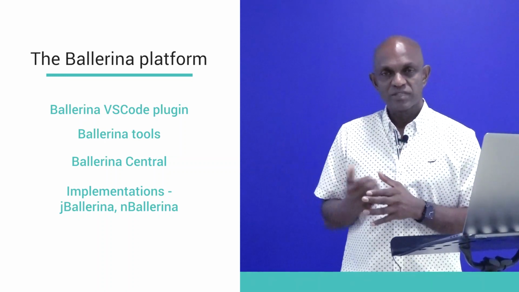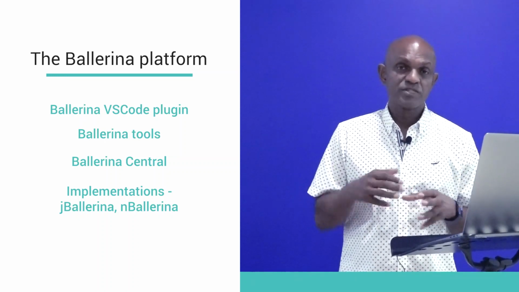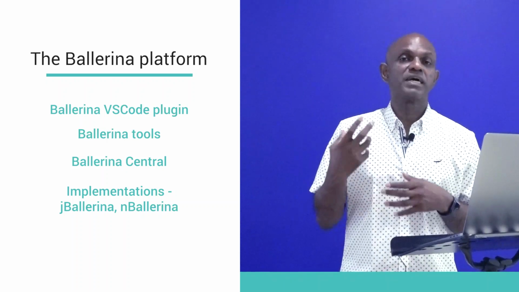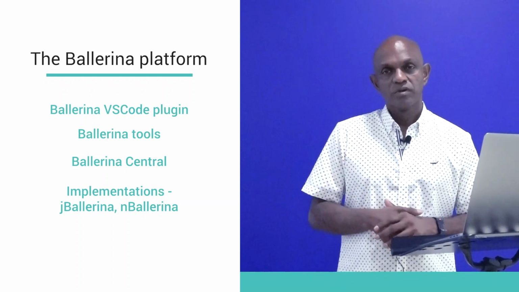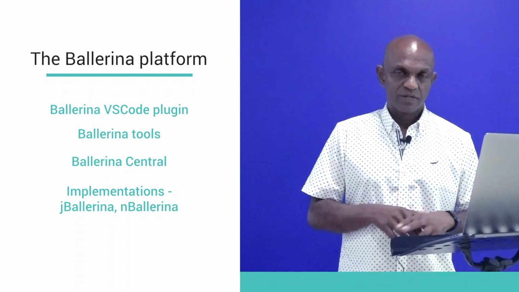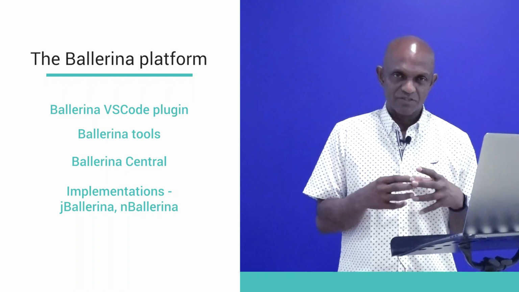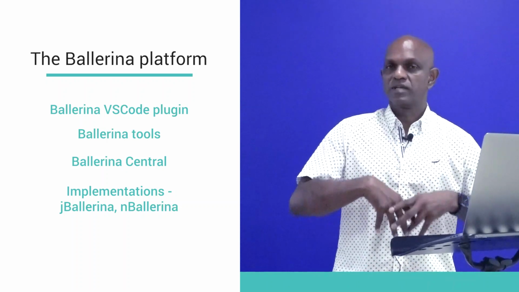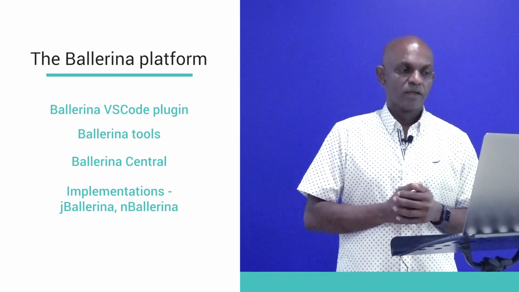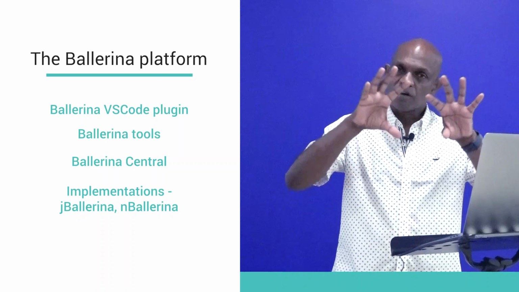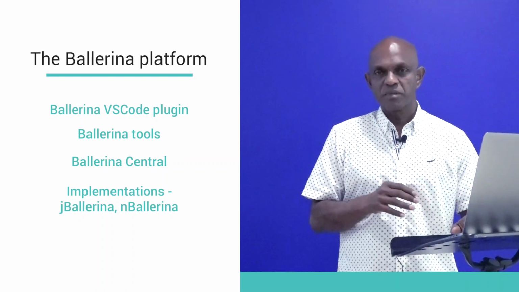We have another implementation in progress that we are calling nBallerina, a native Ballerina, which compiles using LLVM directly onto the platform architectures, so it doesn't go through a JVM layer. That again makes the point that it's not a JVM language, it's a generic language that can be implemented on any platform. And so this entire set of tools combines to form the Ballerina platform.